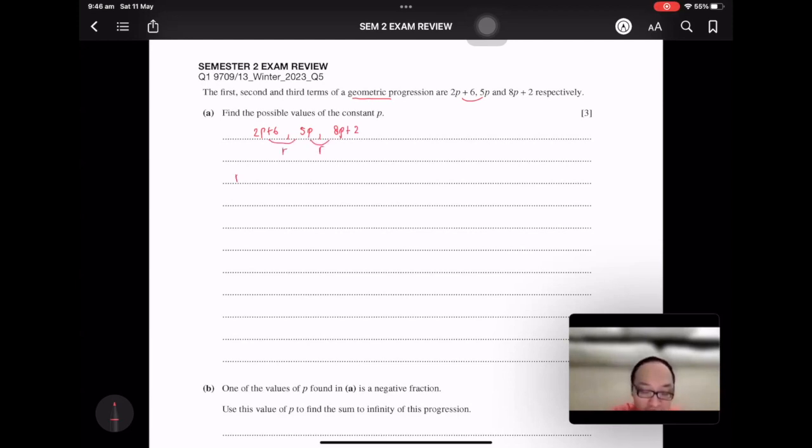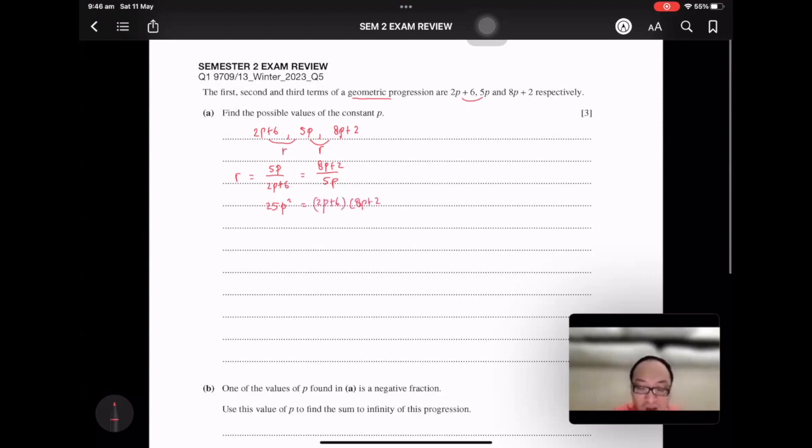I can make an equation of the ratio equals the second term divided by the first term, as well as the third term divided by the second term. So I can cross multiply. So it's 25p squared equals 2p plus 6 times 8p plus 2.